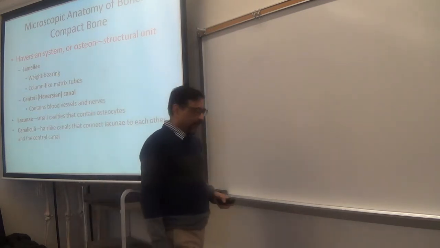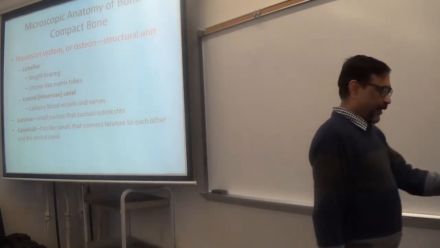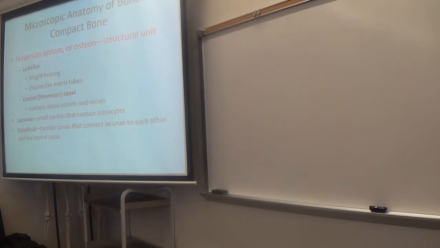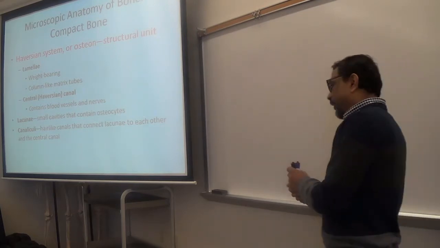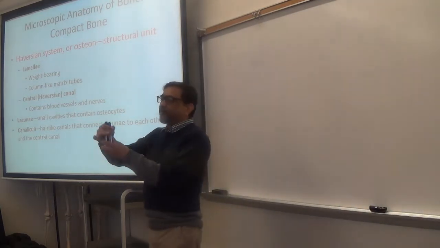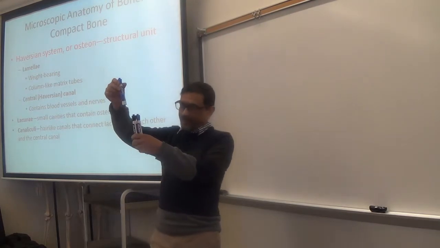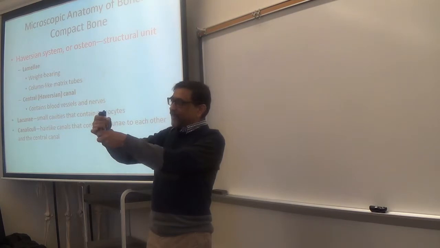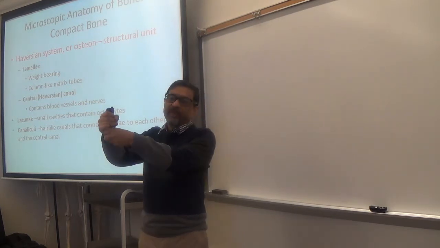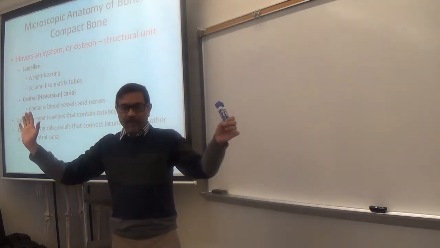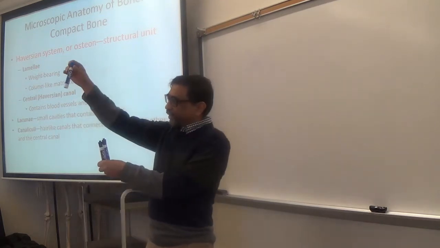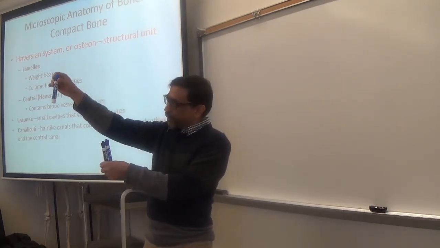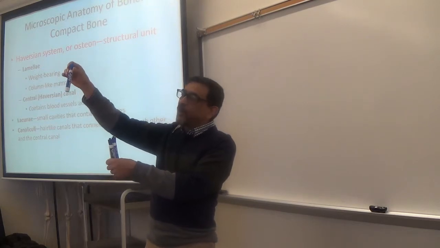the structure of a compact bone. If you see a compact bone structure, it is actually a bundle of many columnar structures like this. So you see many columnar structures bundled together to form the compact bone. Very simple. Make sense? And each unit or columnar structure is called an osteon.